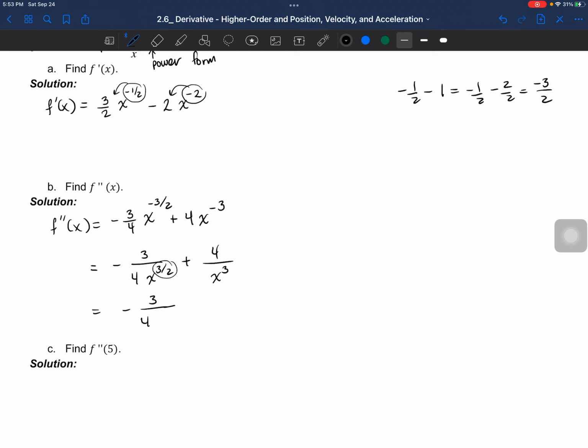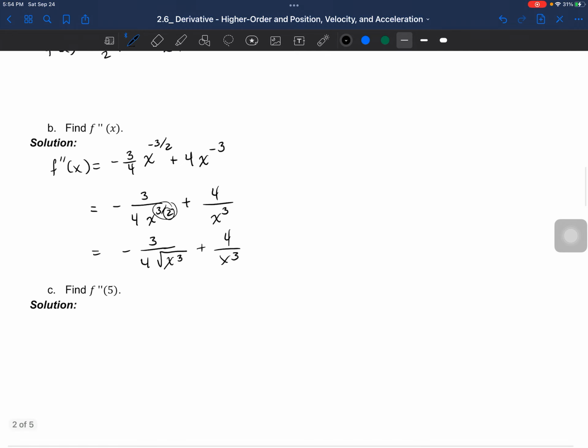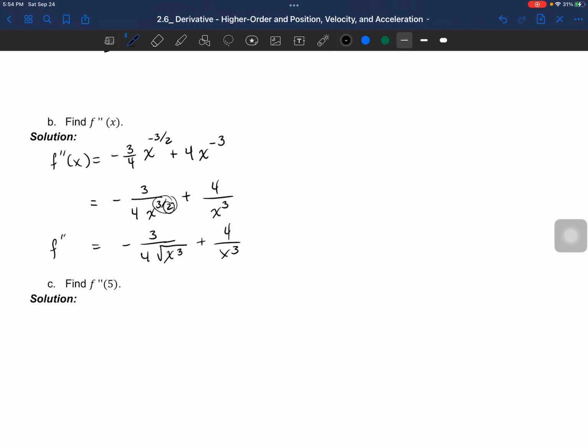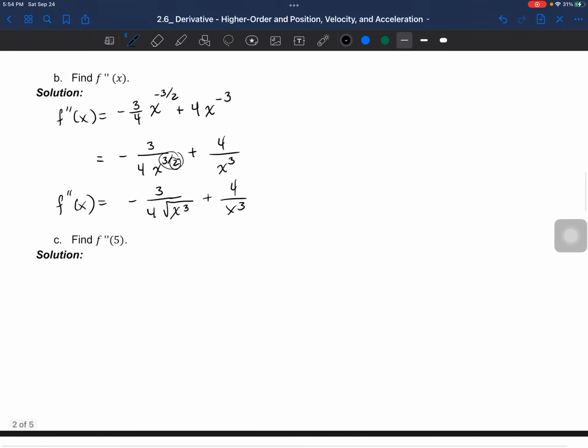We can rewrite this 3 over 2 power as a square root, and then x to the third. All right, so that's the second derivative of the function.